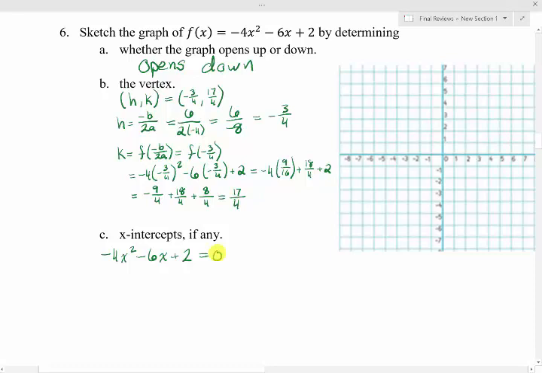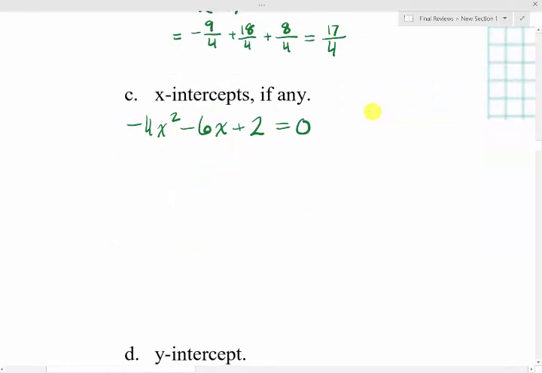And then usually I will go either the good old-fashioned factoring or the quadratic formula. I usually don't use complete the square unless I absolutely have to. Well, I don't see how this factors without putting in a lot of extra work. So I'm going to go ahead and use our quadratic formula.